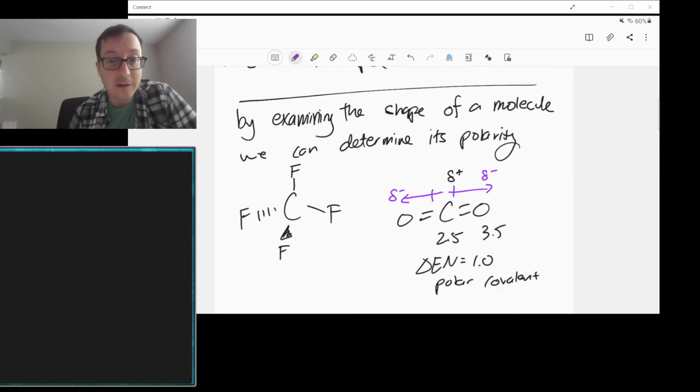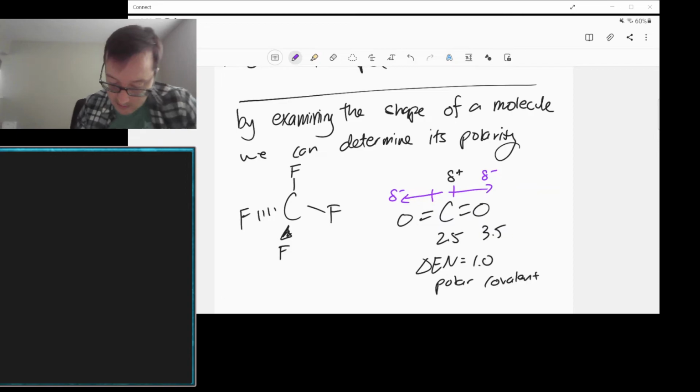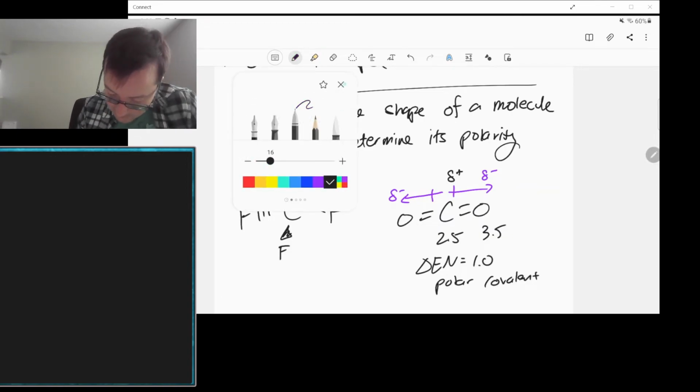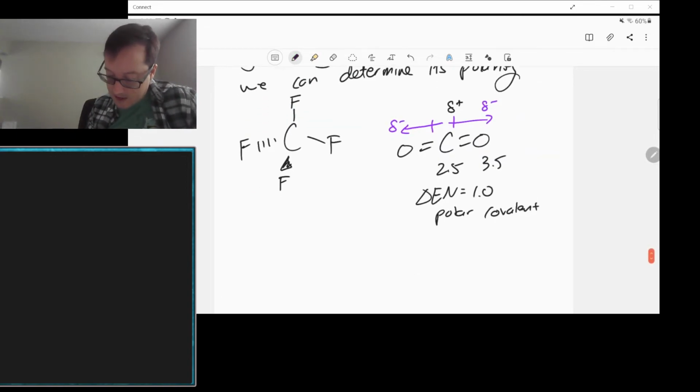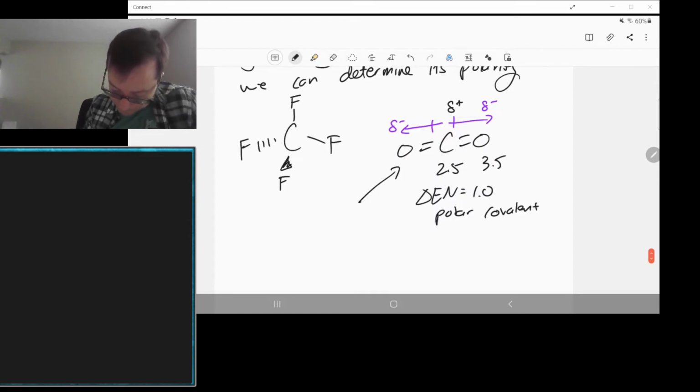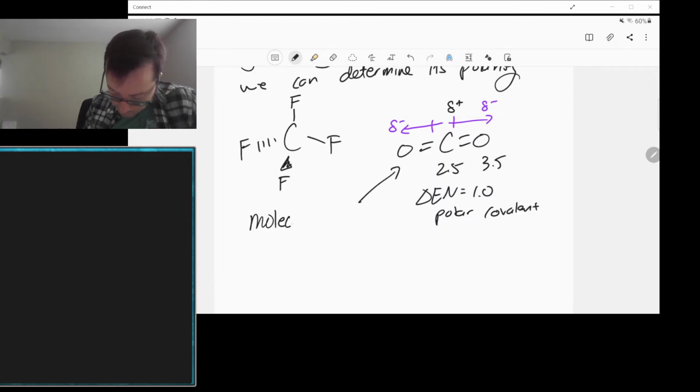And so they're going to pull equally. And if they're pulling equally in opposite directions, nothing changes. And so overall, we're going to see that this molecule does not have a dipole because they've canceled out.